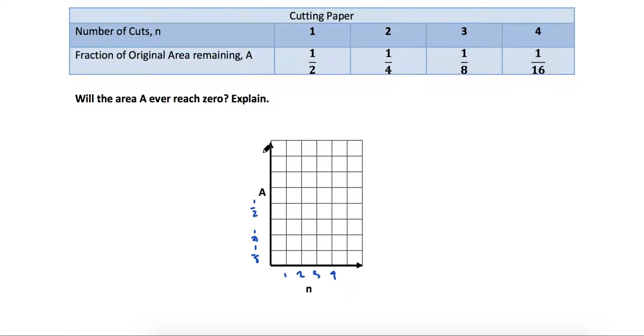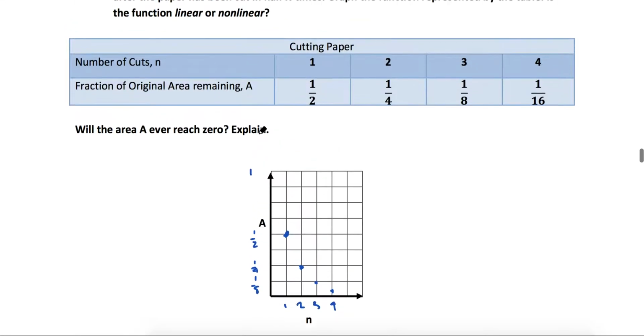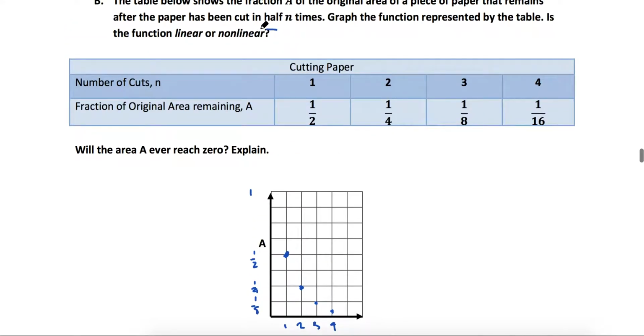And then all the way at the very top line is 1 there. All right, so at 1 cut, we are at 1/2. At 2 cuts, we are at 1/4. 3 cuts, 1/8, and 4 cuts, 1/16. Again, this is kind of rapidly declining and will curve, so it is going to be nonlinear. To answer our question up here, nonlinear.